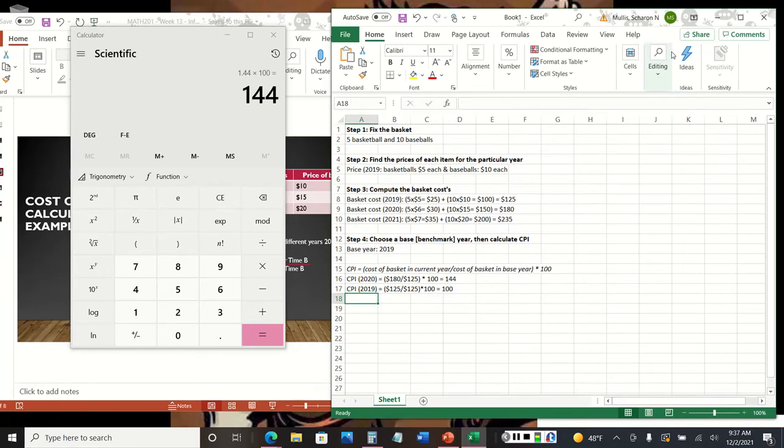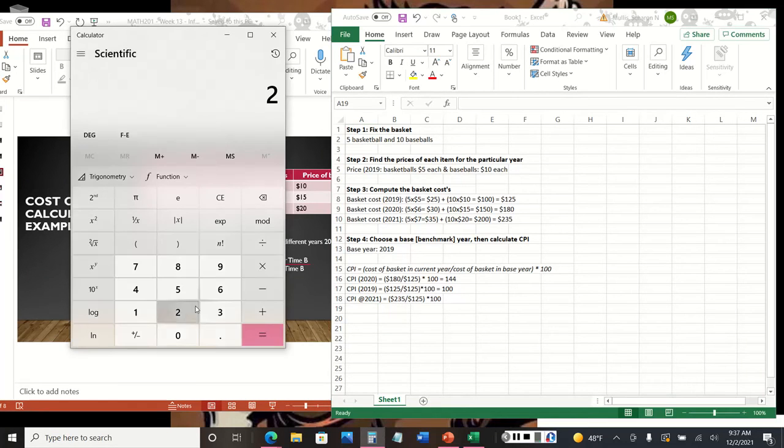And the CPI for 2021 is equal to the cost of the current year, which is $235, divided by the cost of the base year, which is 125, times 100.